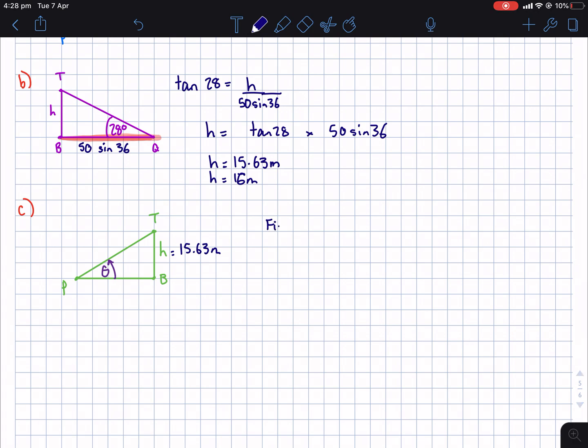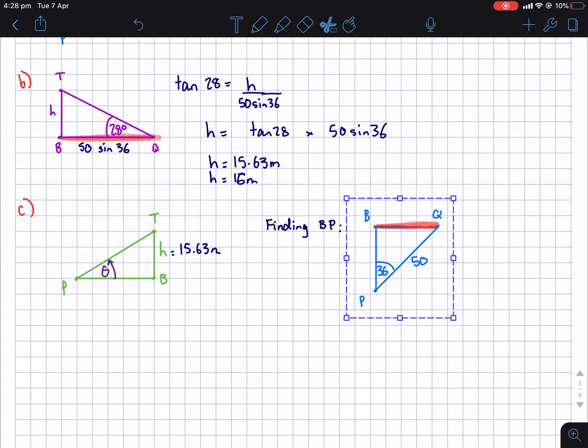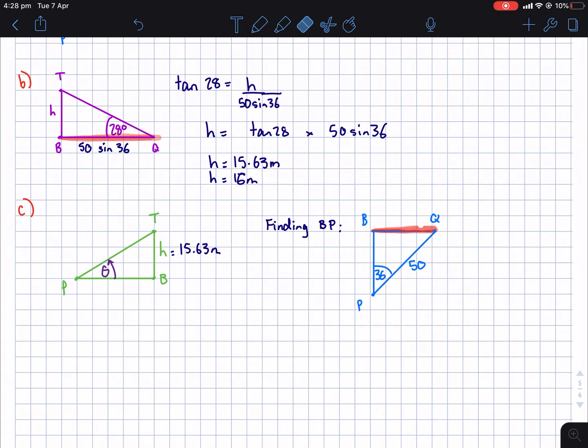So finding BP. So we're going to go off this triangle this time. We're going to be looking for this side length. So we're going to use, this is the right angle, so we're going to use cos.